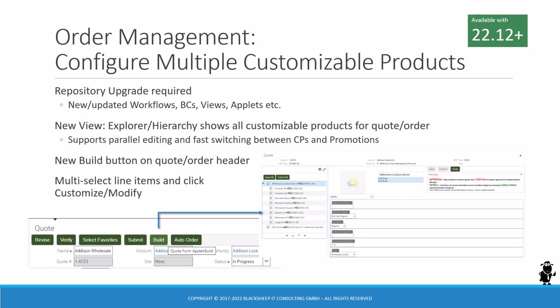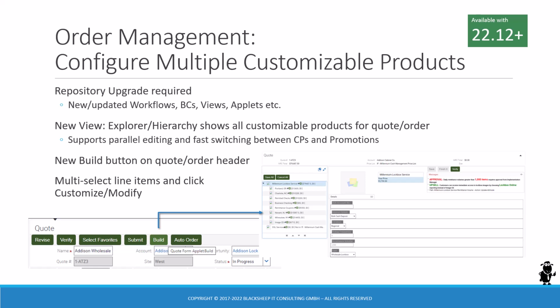The same is true for business components, views, applets, etc. At the core of this is a new view supported by all the new workflows and BCs and applets that now allows the user to work with any amount of customizable products. It might be line items in a quote or order at the same time, literally providing parallel editing without switching between customizable product interfaces, like going back and going into customize again.